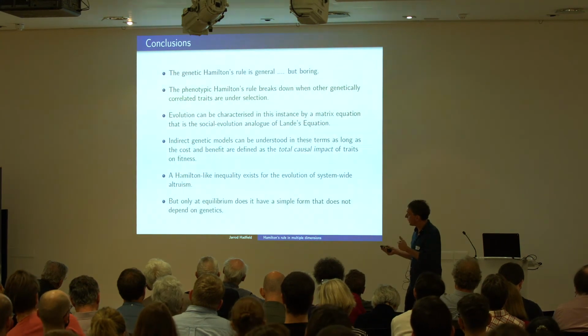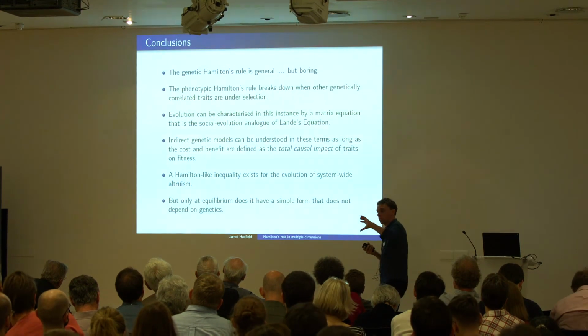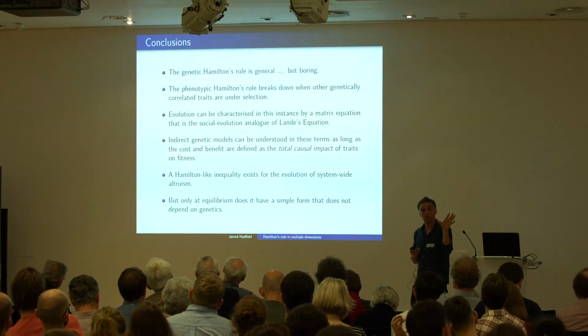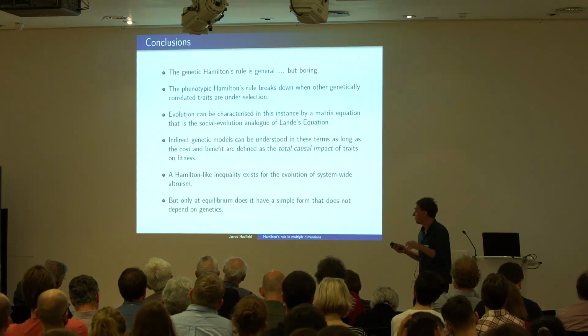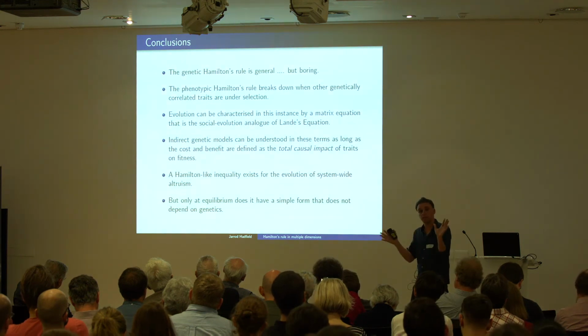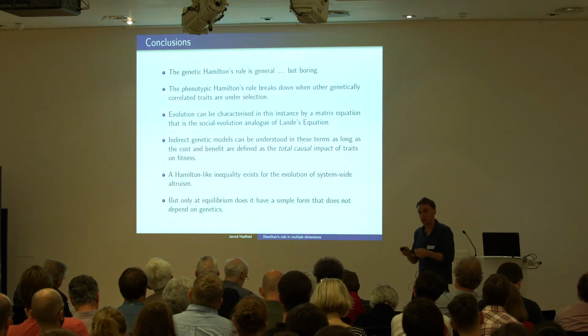I didn't show it. You can find a Hamilton-like inequality that tells you when the system as a whole will evolve to be altruistic, but it always depends on genetics, except when the population is at equilibrium, and then the influence of genetics disappears, and you get an equality that's identical to Hamilton's.